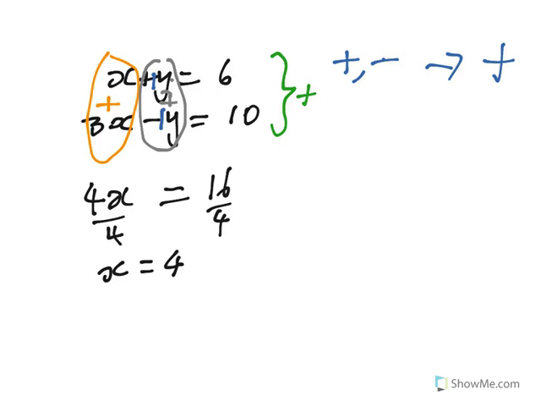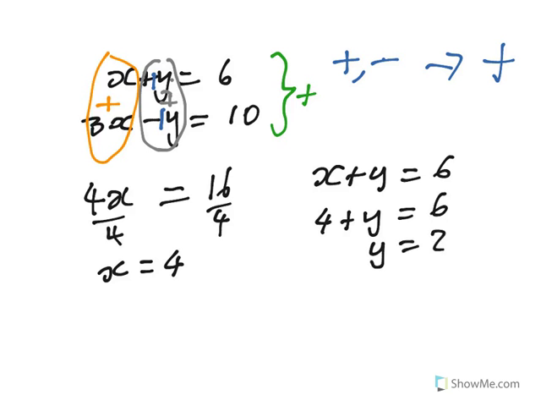To find the y then, we use one of those. If I use x plus y equals 6, I would then know that 4 plus y equals 6, and so y equals 2. So these equations will intersect at 4 and 2.